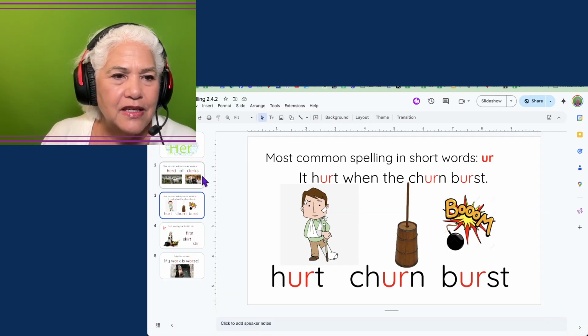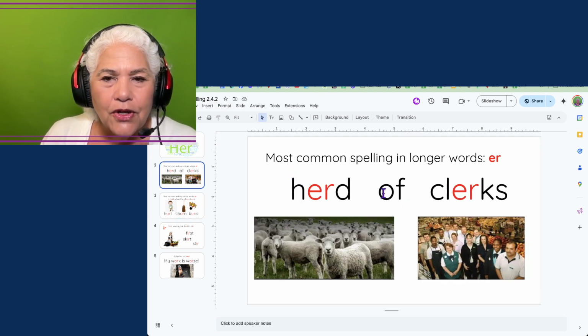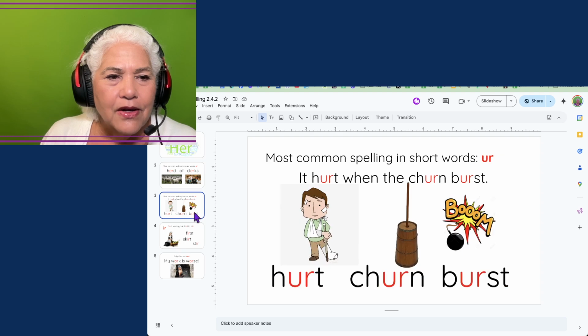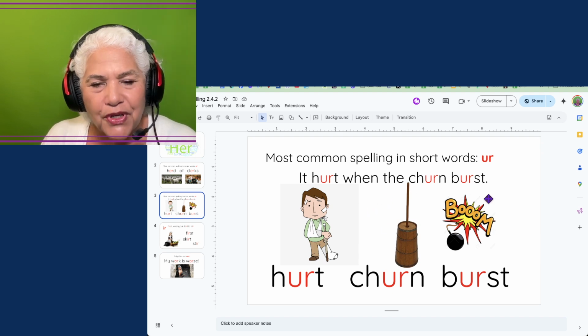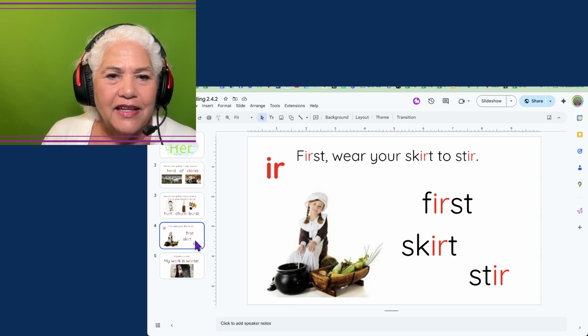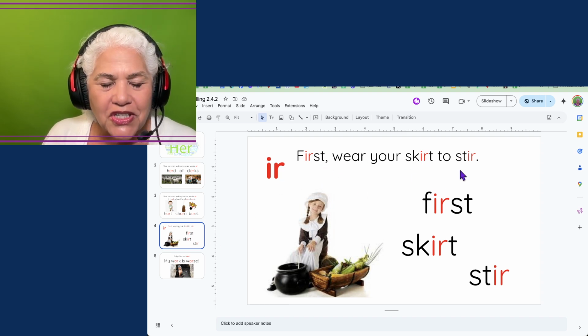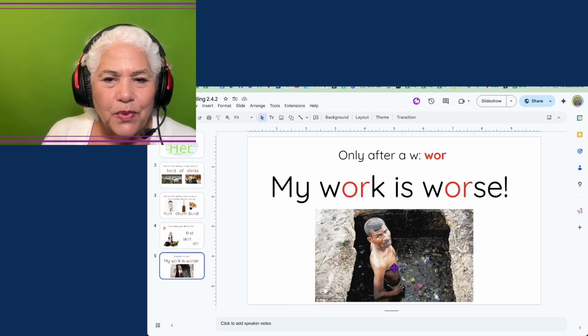Like this one, I think it was second grade: wonders and herd of clerks, or the hurt churn burst, and we would say it hurt when the churn burst. And these words here: first, wear your skirt to stir, or my work is worse.